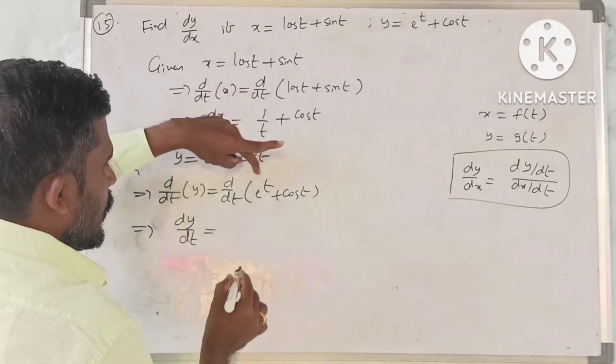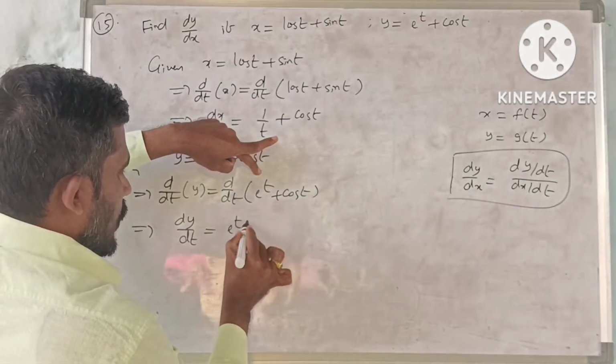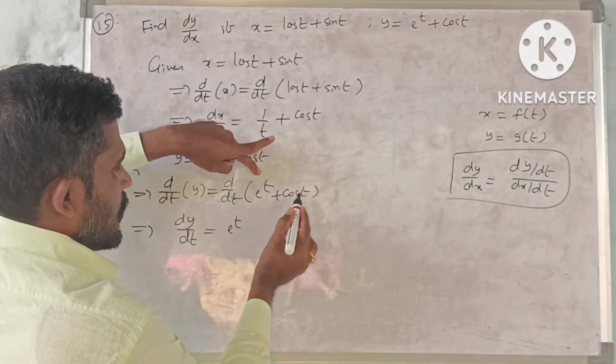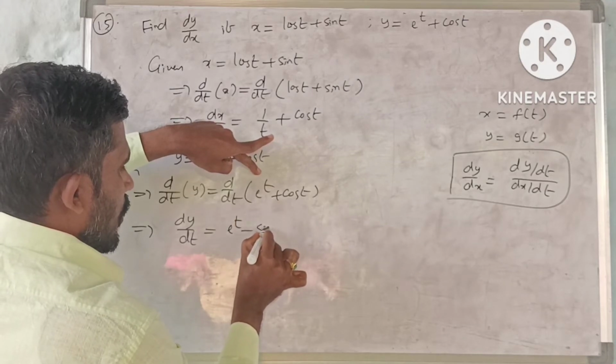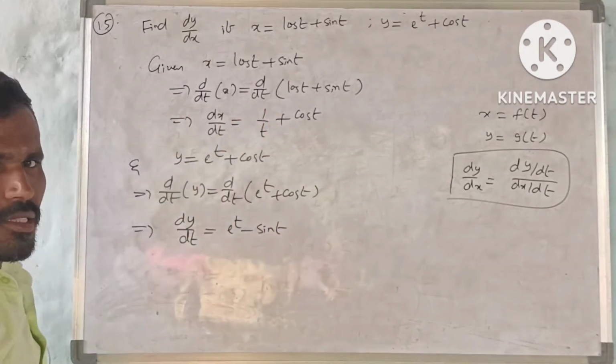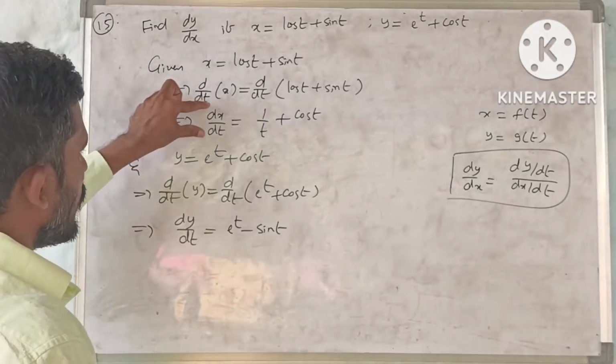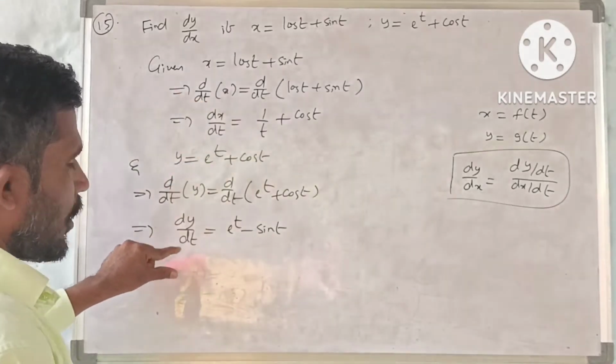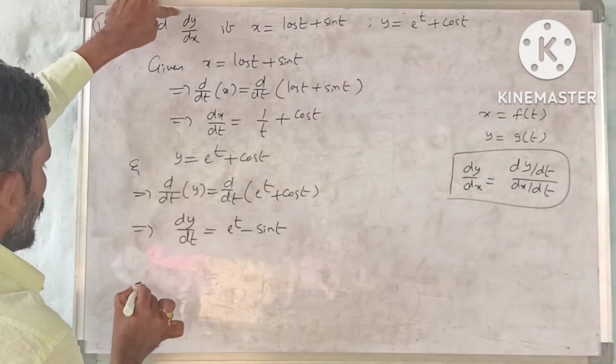So the derivative of e power t is e power t only, and the derivative of cos t is minus sin t.